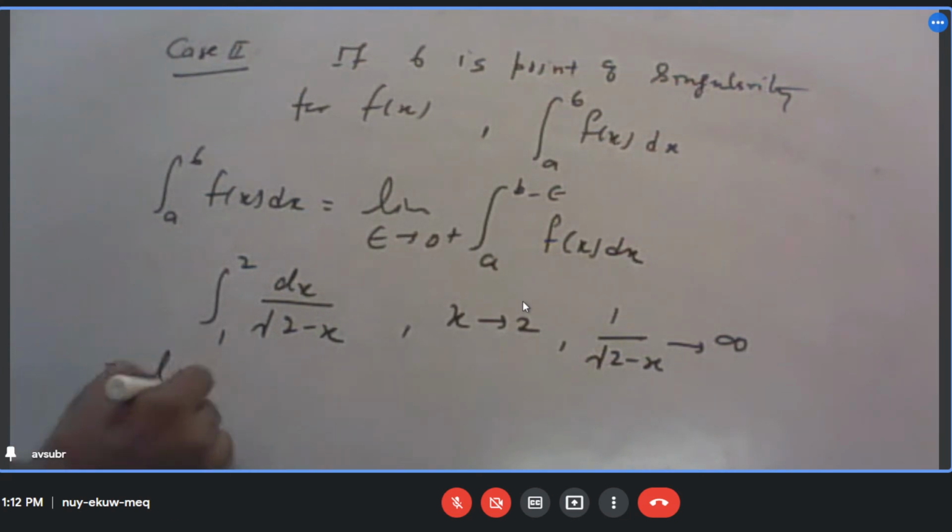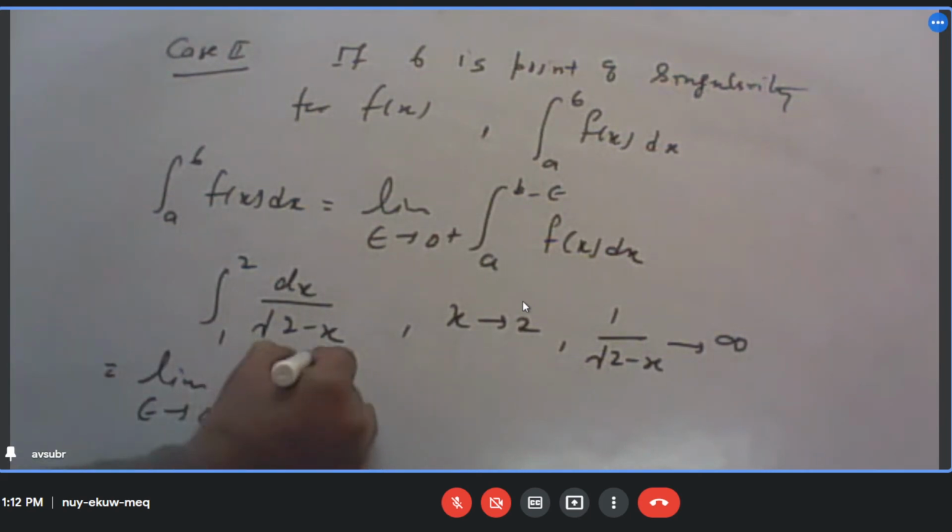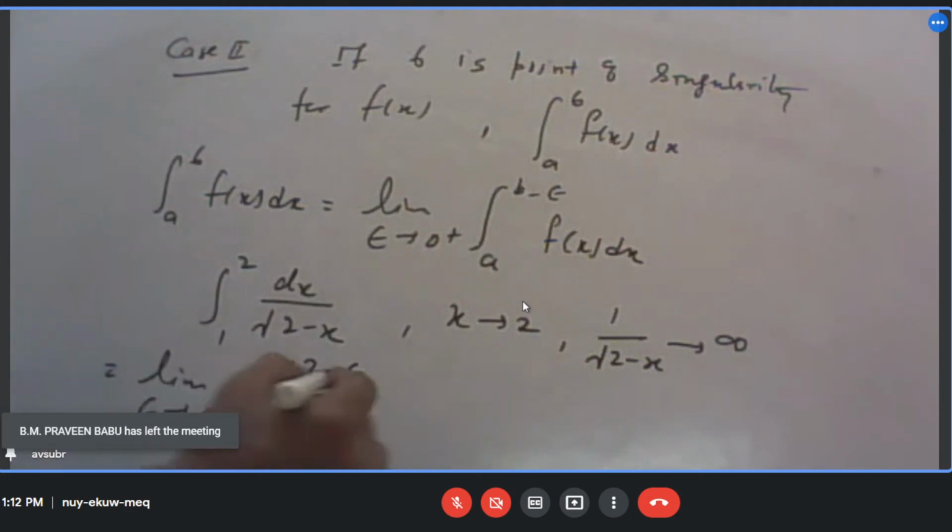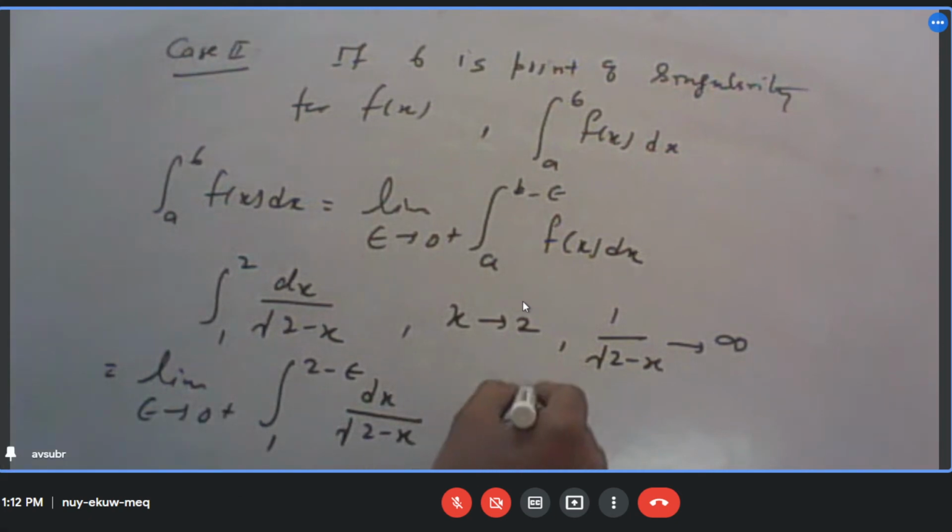So now, in order to solve, let us use this. Limit epsilon tends to 0, A is 1, so 1 to 2 minus epsilon of dx by root over 2 minus x.